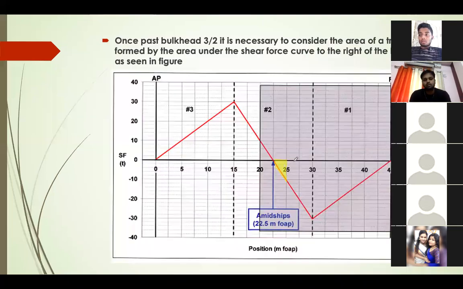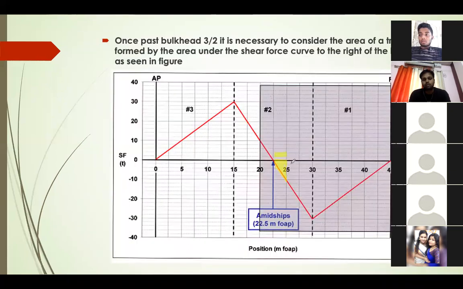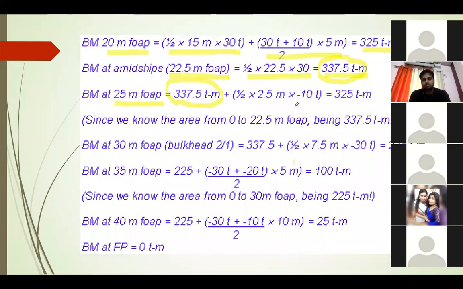Your base will be 2.5 meters, because from 22.5 to 25 meters the base is 2.5, and the height will be 10. Only thing, this 10 will be minus 10 because it is in the downward direction. So it will be half base into minus 10. So that will give you 325 ton meter. Okay.